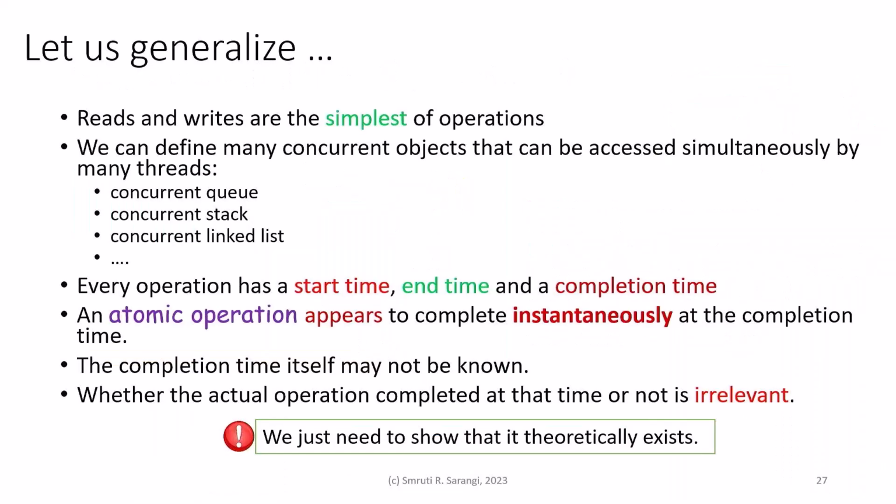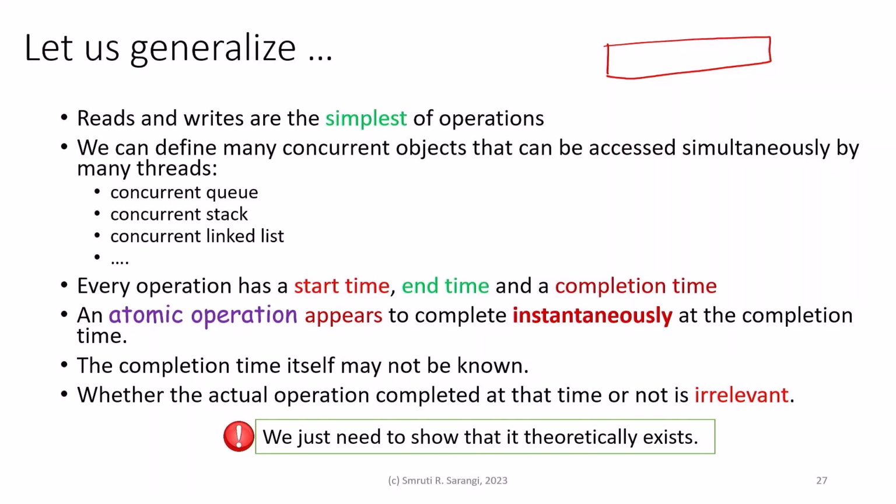And of course, this argument can be generalized to any operation on a concurrent object. So memory is a concurrent object. Why? Because it allows parallel or concurrent reads and writes. Multiple threads can read and write together at the same time. So we can think of the memory, which is presenting itself as an array of bytes, as a concurrent array of bytes, where I'm reading and writing.